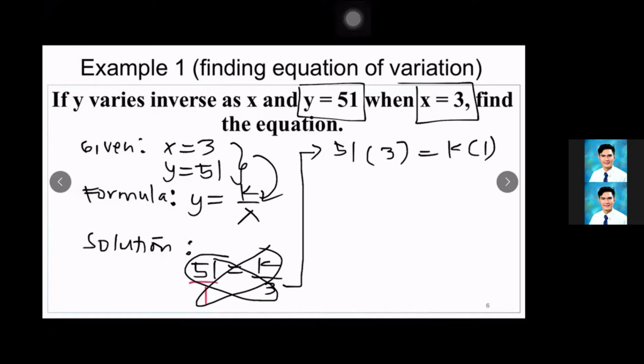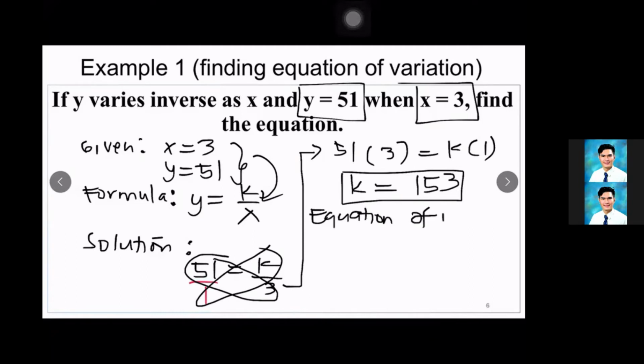k times 1 is k. Then 51 times 3 is, ilan kaya? That's good. We have 153. Therefore, this is our k value. Now, let us identify the equation of variation.